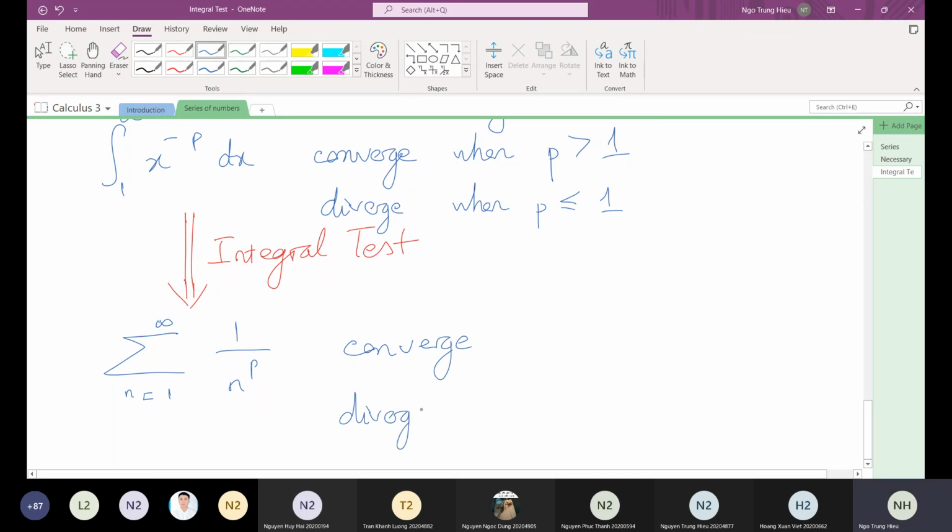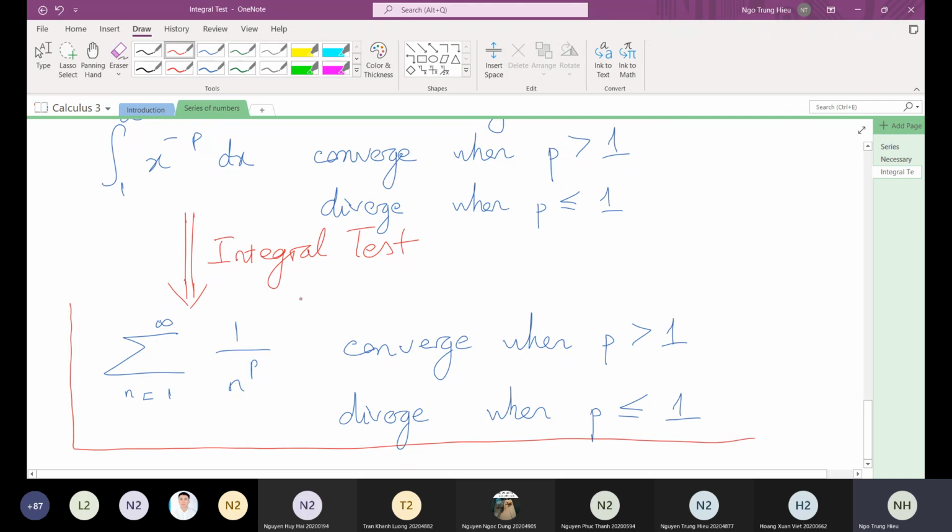Converges when p is bigger than 1, and diverges when p is less than or equal to 1. All right, so now you can see that the fact that we mentioned about the p-series before can be proved by using the integral test. So the integral test is very, very useful.